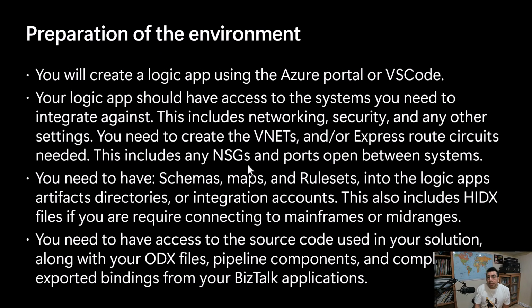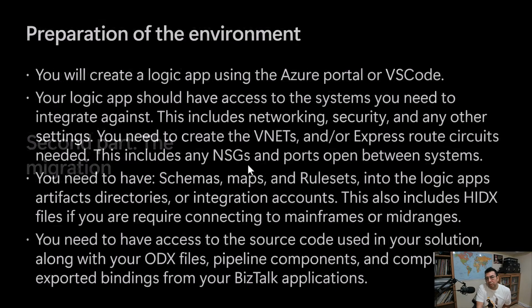You need to have schemas, maps, and rule sets loaded into the Logic Apps artifacts directories or integration accounts if you are using integration accounts. This also includes HIDX files if you require connecting to mainframes or mid-ranges. You need to have access to the source code of your solution, along with the ODX files, pipeline components, and complete exported bindings from your BizTalk applications.